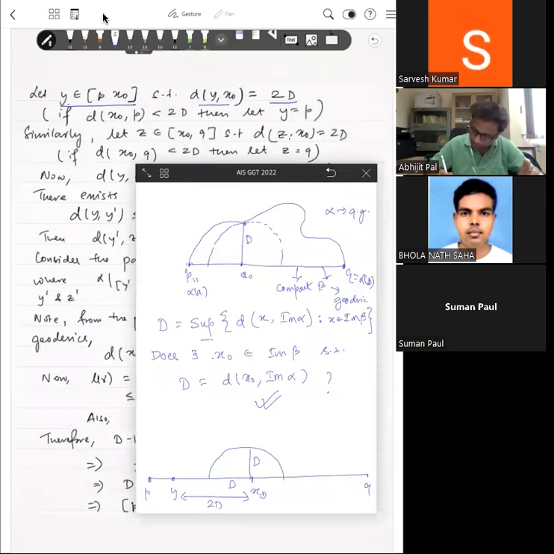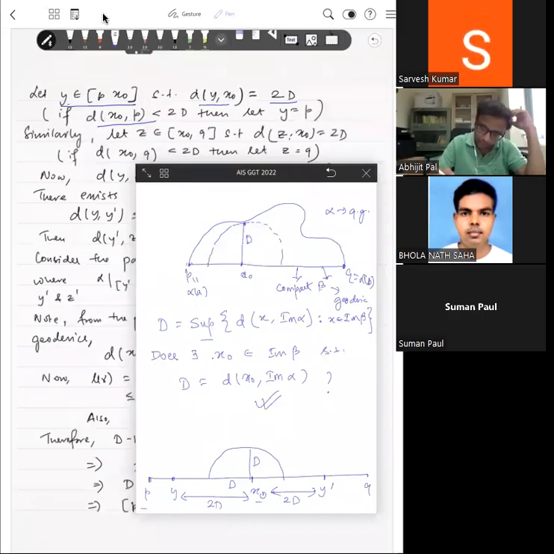The distance between x naught and P is less than twice D. That part I have written here. If the distance between x naught and P is less than D, then I'll take Y to be equal to P. And you do the same thing for the other part. So the distance of x naught to Y prime is twice D.